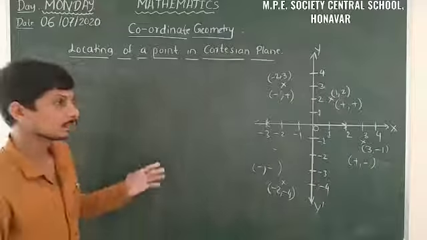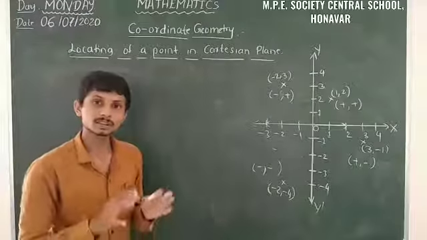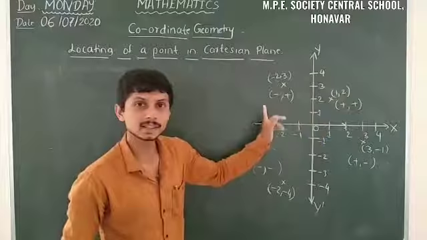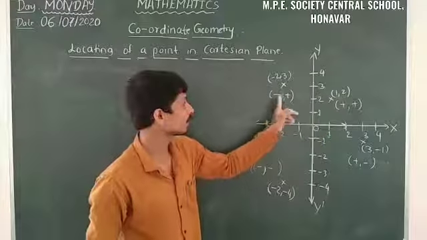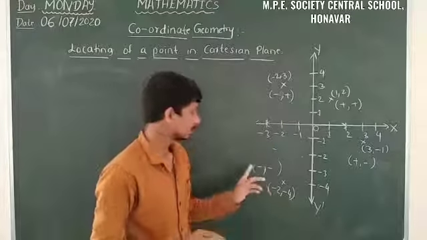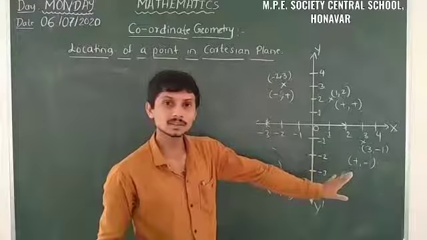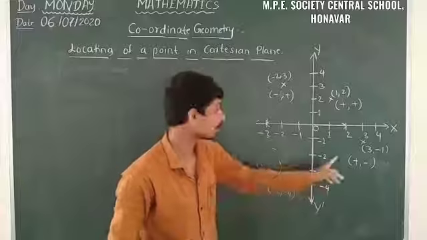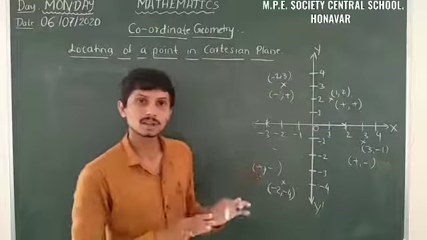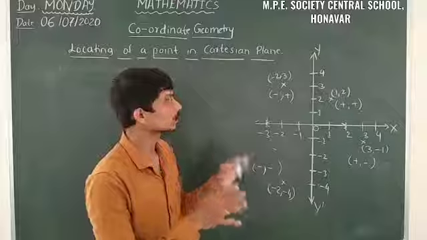So we have come to the conclusion that the first quadrant is always in the form of plus comma plus, the second quadrant is always minus comma plus, the third quadrant is always minus comma minus, and the fourth quadrant is always plus comma minus.